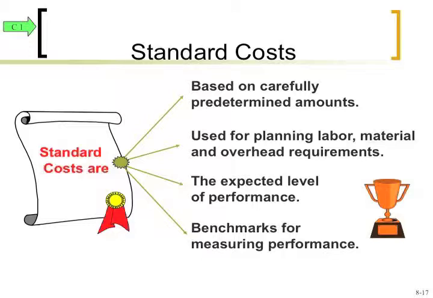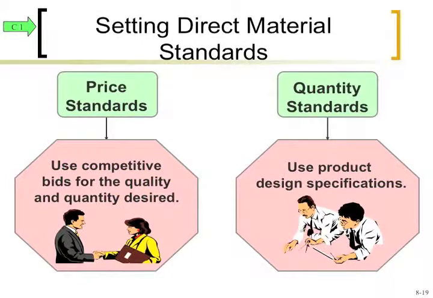And if we jump ahead to slide 19, we see that we have price standards and quantity standards, again, just further emphasizing what we've stated before.